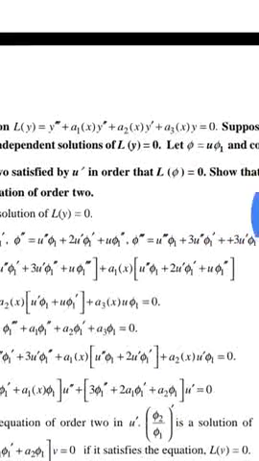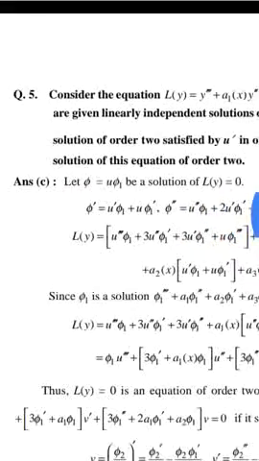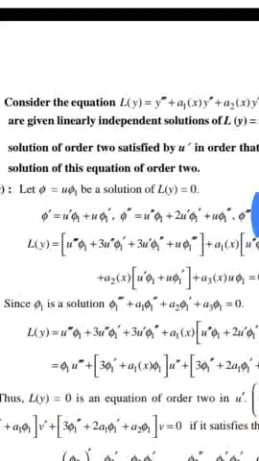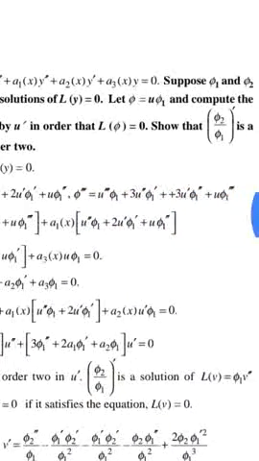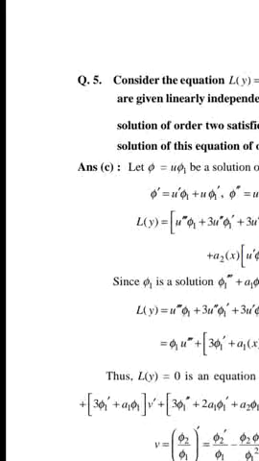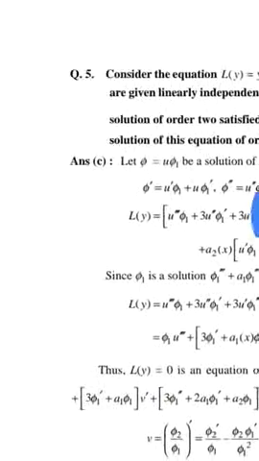Let phi is equal to u phi 1 and compute the equation of order 2 satisfied by u dash in order that L of phi is equal to 0. Show that phi 2 divided by phi 1 dash is a solution of this equation of order 2.